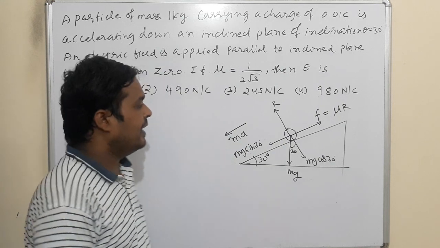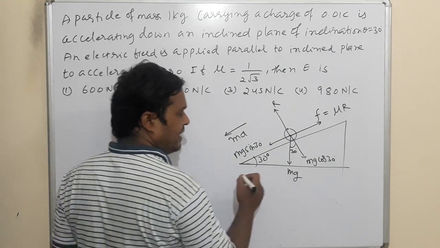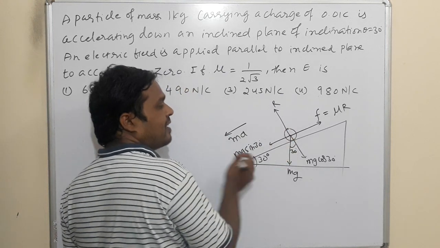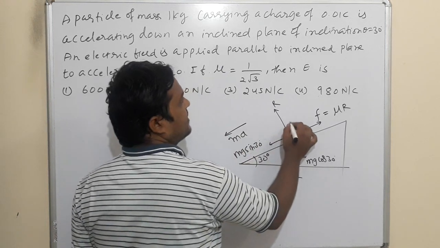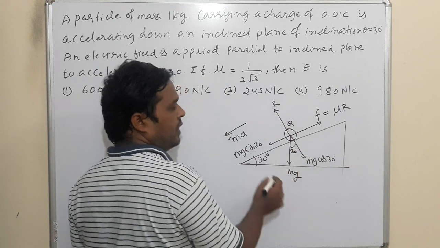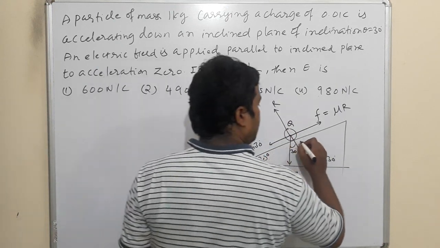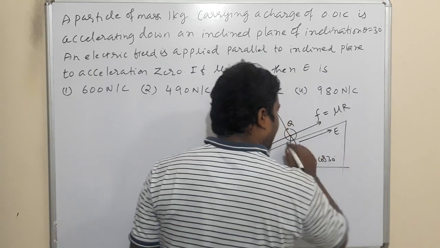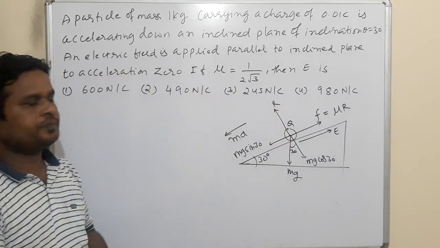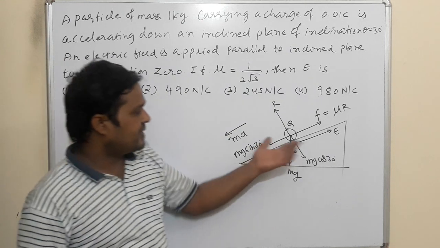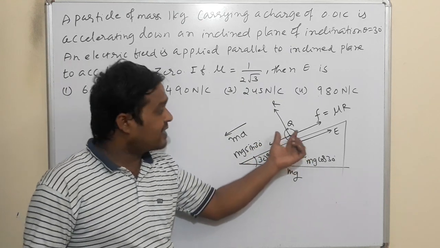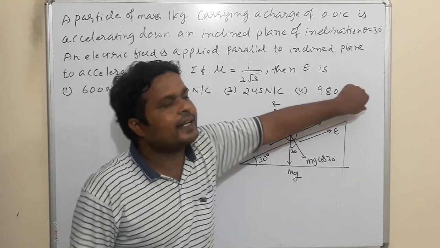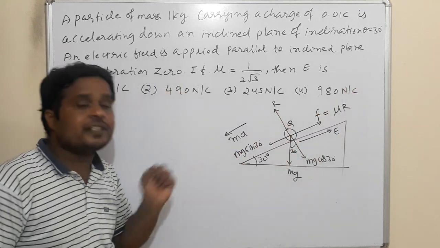Suppose it is accelerating down. We are applying an electric field, and the body has a charge Q. We are applying the electric field in this direction to make its acceleration zero. Acceleration becoming zero means net force in this direction must be equal to net force in this direction.